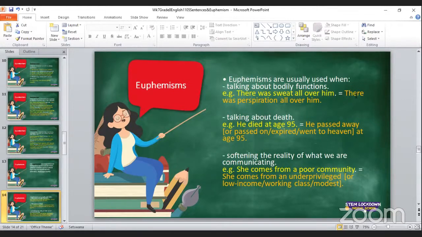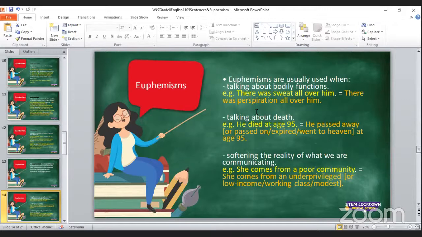So we are going to say there was perspiration all over him, right? You realize that the word perspiration is a scientific term for sweating. So it makes it just a bit less disgusting, just a bit less displeasing, just a bit less unattractive. Okay, so it will be easier to say that.